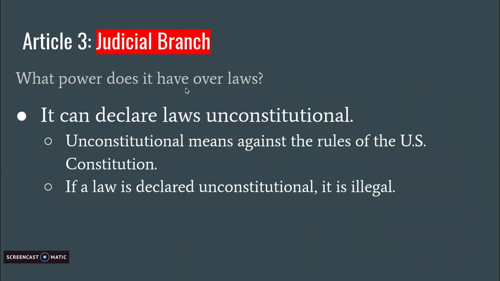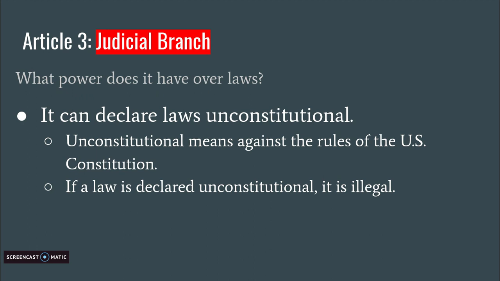And what power does it have over laws? So what power does the judicial branch have over laws? And listen to me right now. This is a huge responsibility that the Supreme Court has. It can declare laws unconstitutional. Unconstitutional means against the rules of the Constitution.